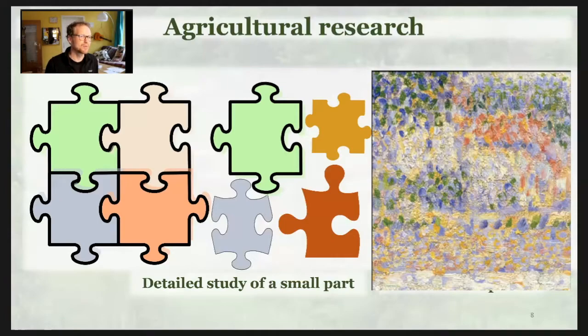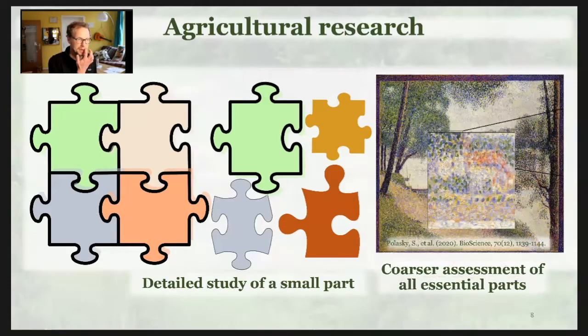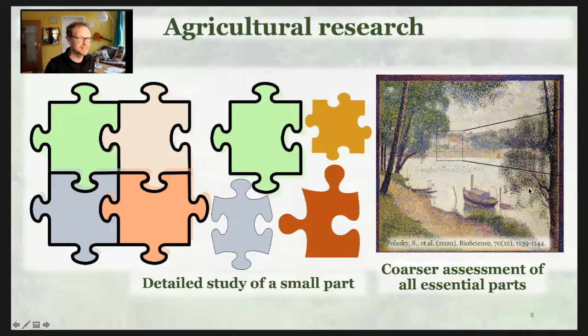And so we can't really see as much detail as we would here on the yield dynamics, for example. But when we zoom out, right, then we can see that this is a church on the riverbank. We get a more holistic perspective. We can see the whole system, and we have enough detail here to provide some information about what we think the intervention might mean in terms of bigger system dynamics. We do this coarser assessment of all the essential parts.